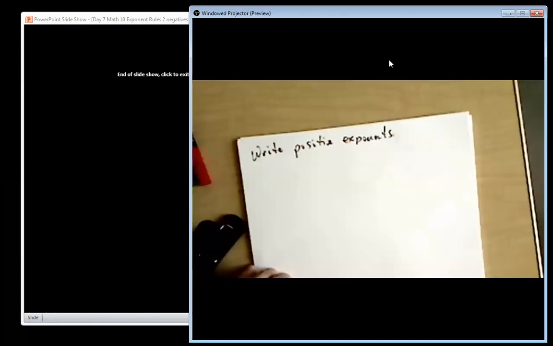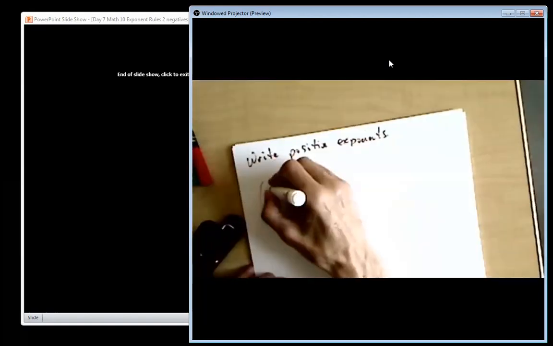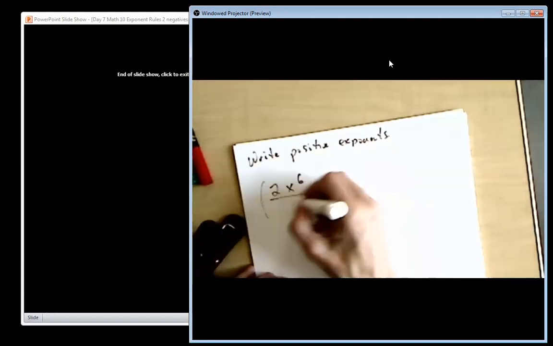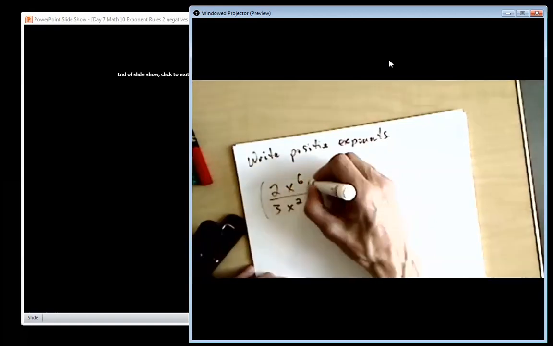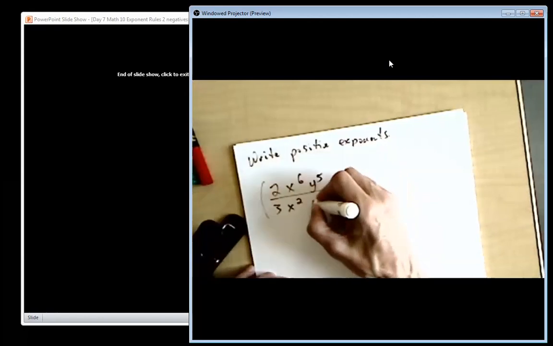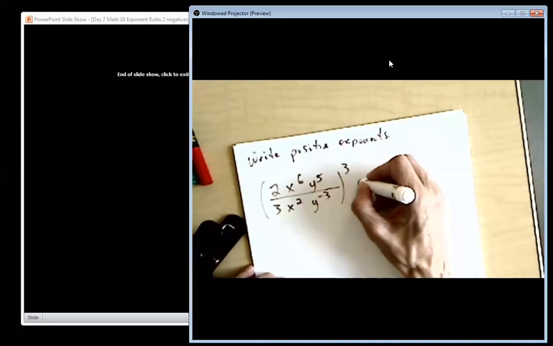Do it like that. It's going to look something like 2 over x to the 6, 3x squared, y to the 5 and -3, and we'll say cubed like that.